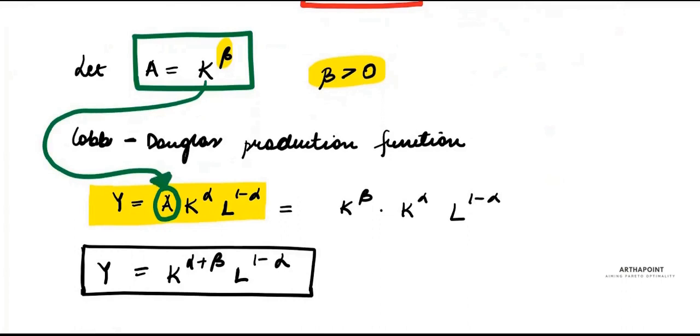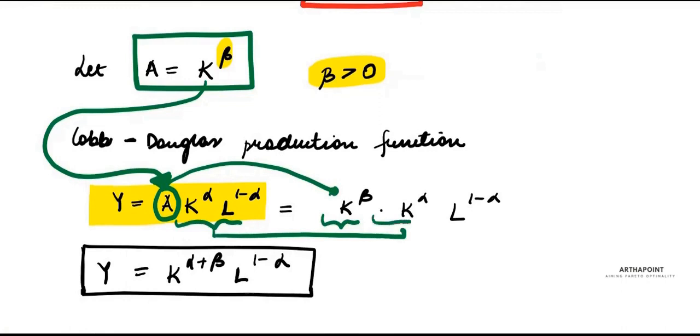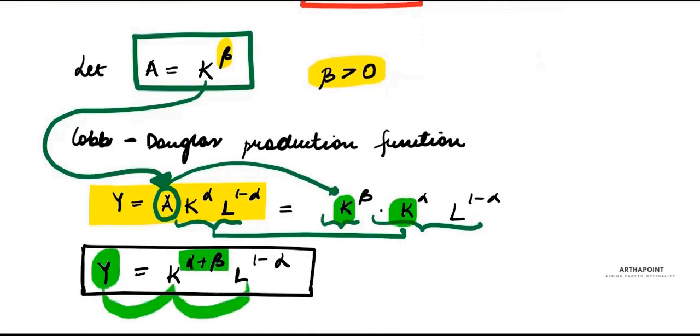If we replace it here, we get K to the power beta, and this part will come as it is, into K to the power alpha, L to the power 1 minus alpha. Since K is the same, I can add the powers together and get output as a function of capital and labor. So you will notice that technology has been brought within the model. Technology has become endogenous.